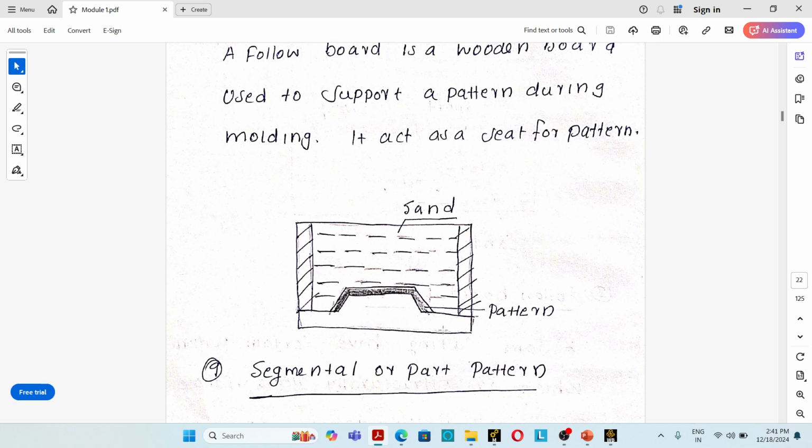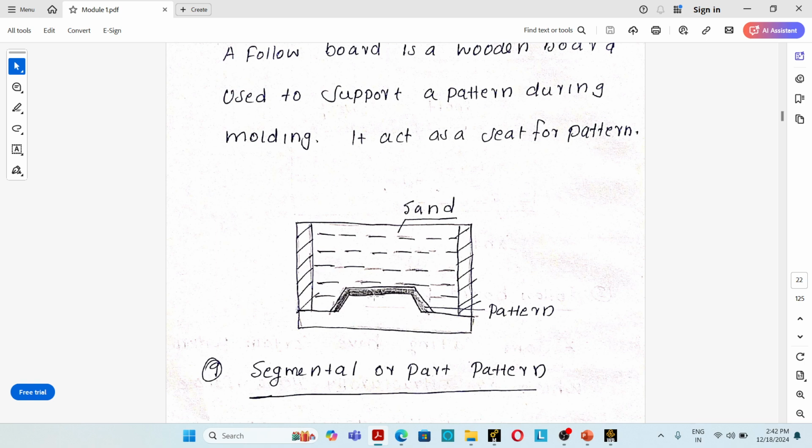If I am not using a follow board, what will happen? Whenever ramming is done, the pattern will break. This pattern is structurally weak.